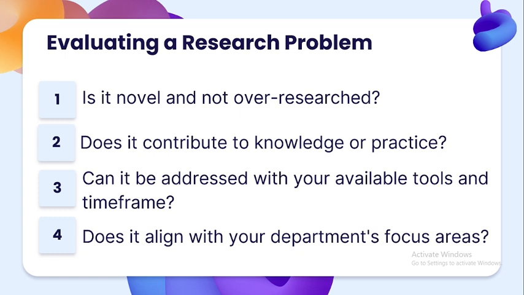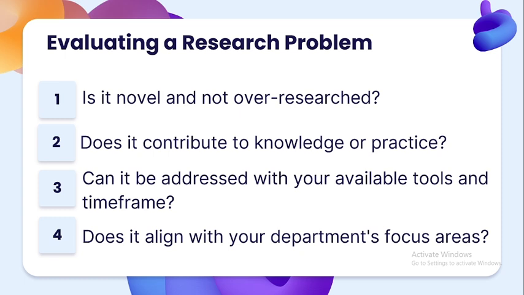Can it be addressed? Again, same point. You have to assess it if it is doable within your means or not. Does it align with your department's focus area? Sometimes we see that the students of H&D are performing the research of or addressing the research problem of FT field just because their supervisor had said them to do so.